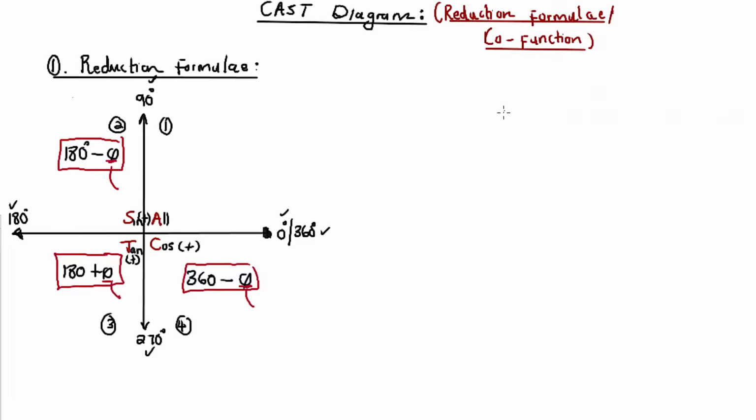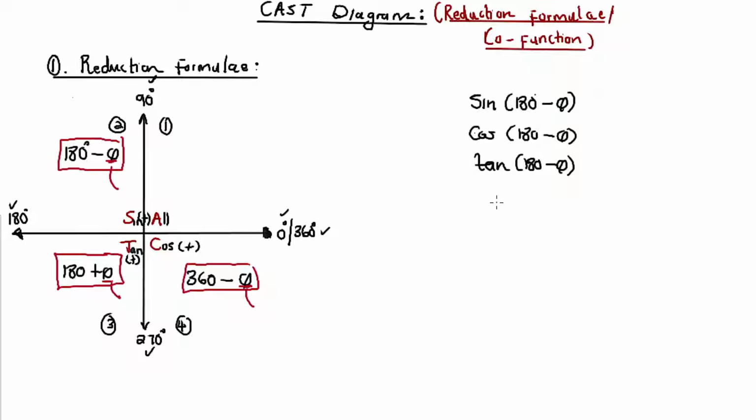Let me show you how to deal with these formulas. So we have sine 180 degrees minus theta, cos 180 degrees minus theta, tan 180 minus theta.